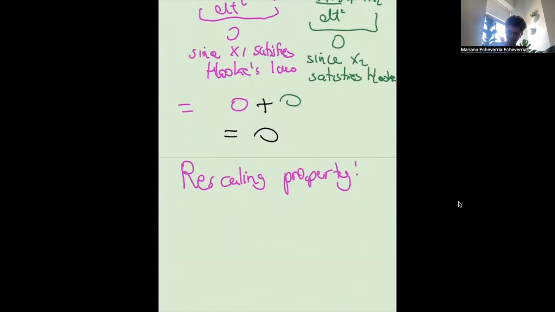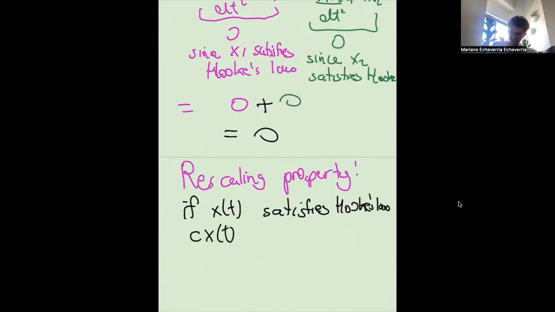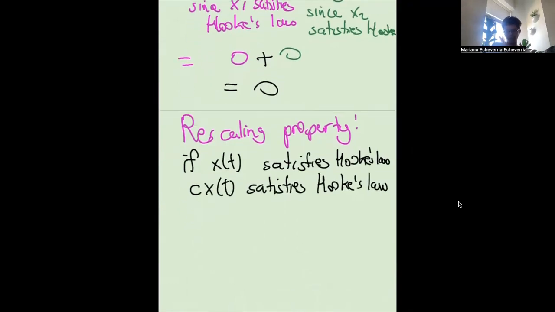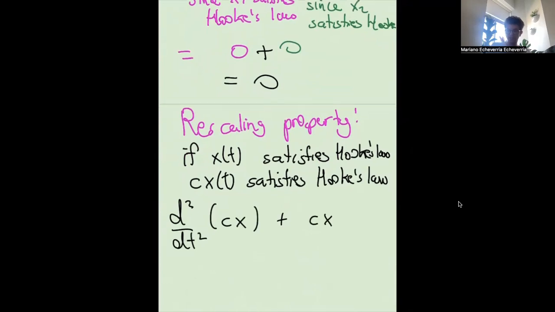So if x of t satisfies Hooke's law, I want to check that c times x of t satisfies Hooke's law as well. You have to check that the second derivative of c times x plus c times x equals 0.